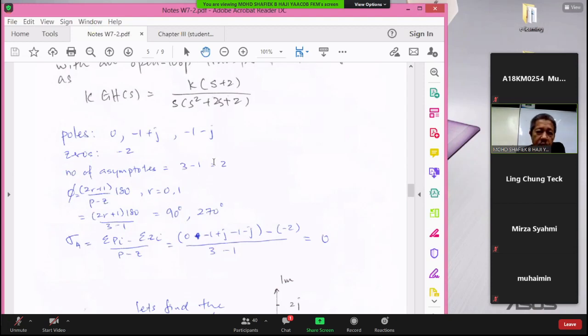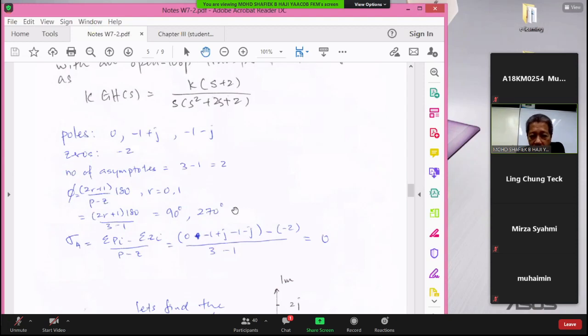Since we have 2 asymptote lines, it does not make sense to compute the intersection of asymptotes by the angle, so just substitute the values of the poles. The summation of pi are the values of the poles, zi are the values of the zeros.